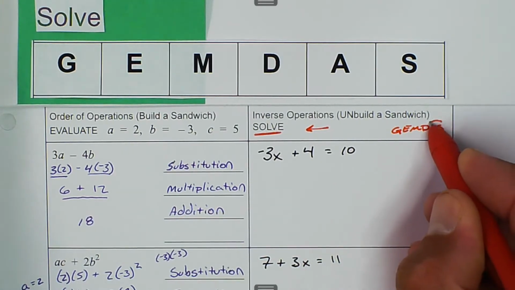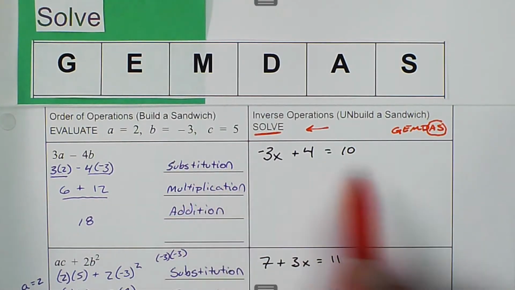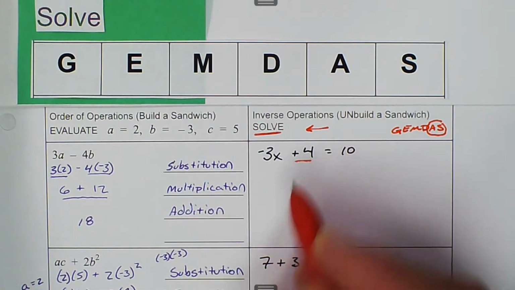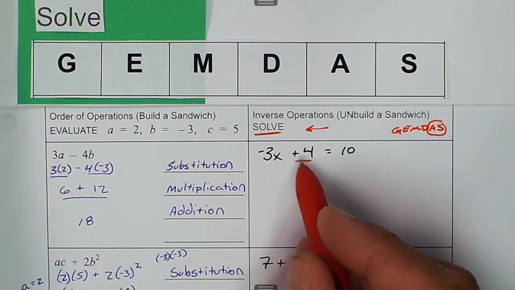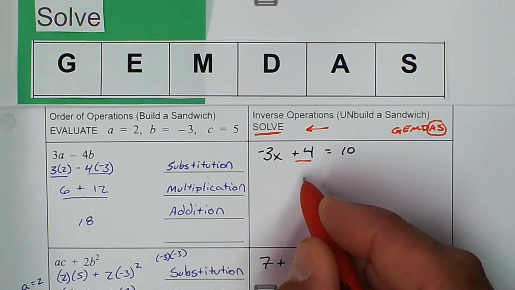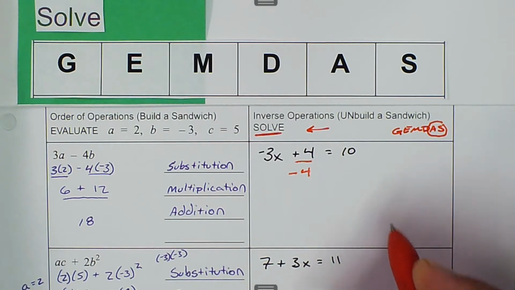And the first thing we're going to do is look for addition and subtraction. If I see any addition or subtraction, now I need to undo that. Here we have a positive 4, and I need to remove that 4. So in order to get it back down to 0, I'm going to subtract 4 from this.